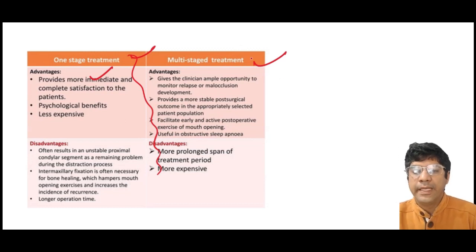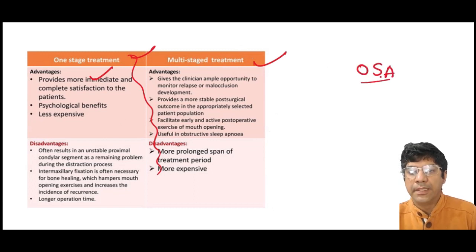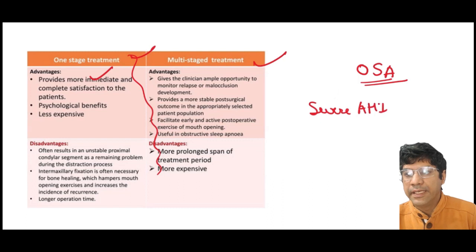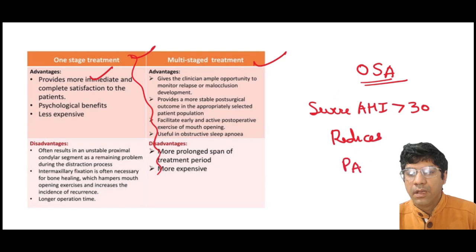Now, how can you manage TMJ ankylosis in a patient with obstructive sleep apnea? So remember, a severe AHI that is greater than 30 and a reduced pharyngeal airway space can cause a compromised airway during the jaw exercise.